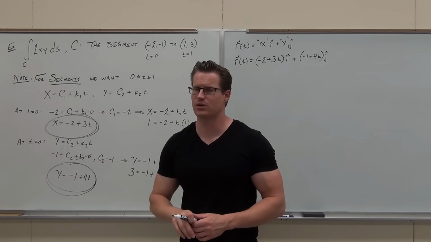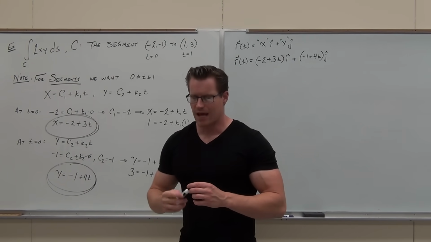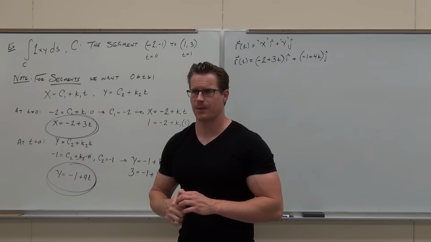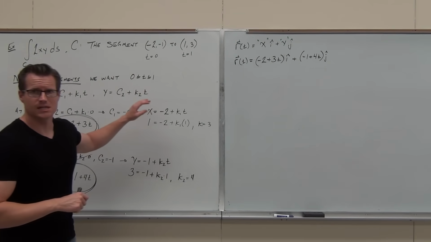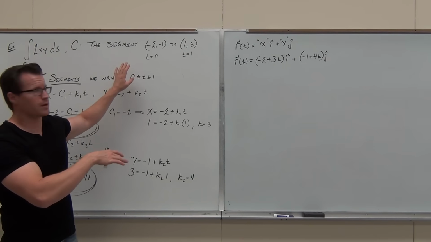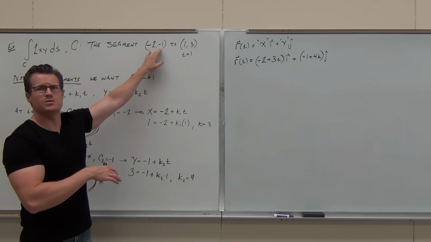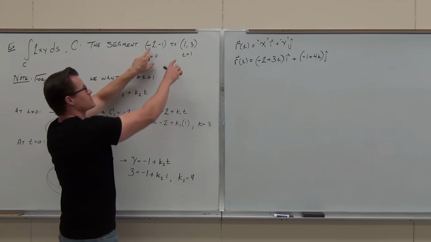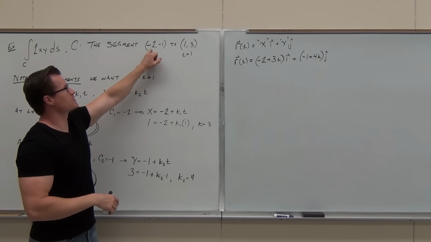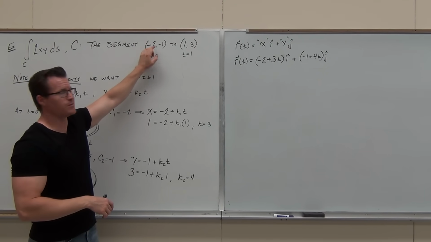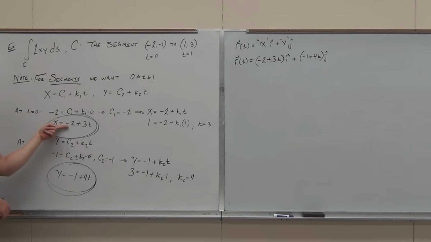Also, I'm going to give you guys a shortcut right now. Whenever you have segments, are you listening? It's going to save you time. Whenever you have segments at your T equals 0 point, you saw the math on it, these will always become your C values. This is your X C value, that's your Y C value.